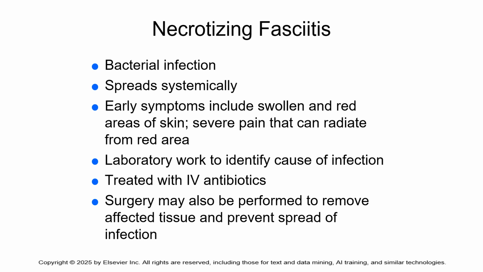Lab work is going to indicate an infection, and you would treat it with IV antibiotics. And then if it can't be resolved quickly, probably surgery to remove the area of tissue that's affected and to prevent it from spreading. These are usually very rapidly changing, so they usually have to catch these very quickly.